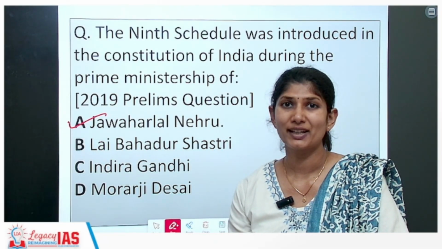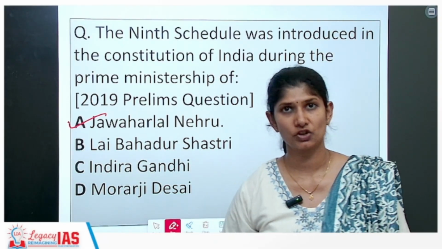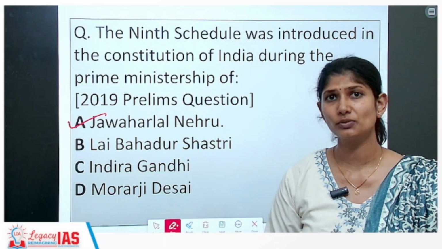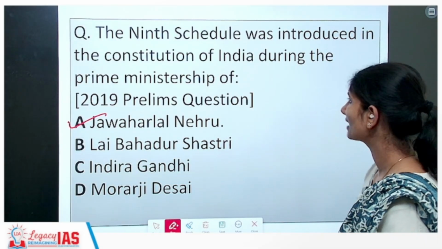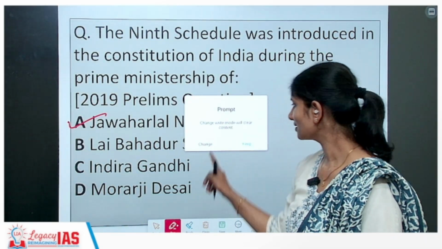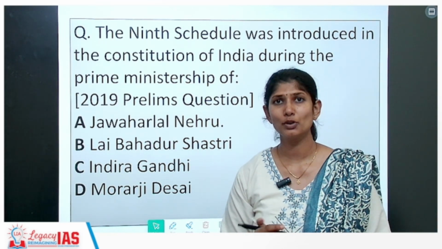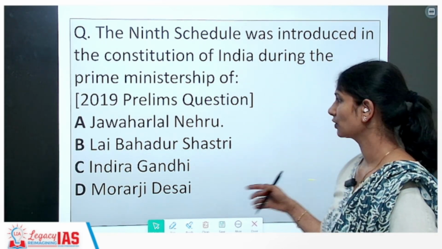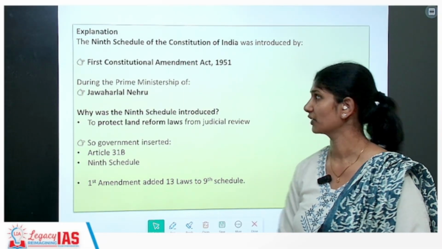In 1951, in order to carry out land reforms and to protect them, they introduced the First Constitutional Amendment and added something called the Ninth Schedule. What is this Ninth Schedule? Any law placed in the Ninth Schedule is immune from judicial review or being struck down. This was done during Jawaharlal Nehru's period.